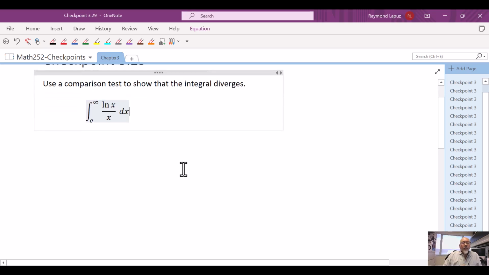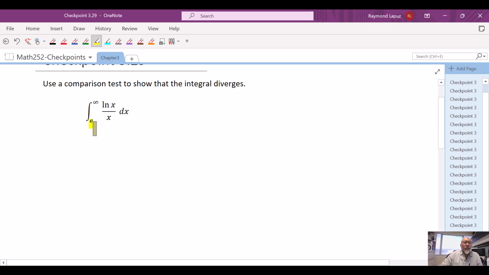So we have ln x over x as our integrand. What we can do is assume that ln x is bigger than 1, which it is as long as x is bigger than e.